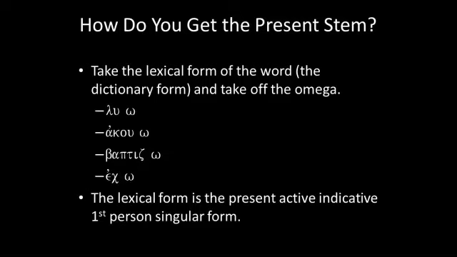When you look up akouo, that's the present, active, indicative, first singular form. So that's called the lexical form. And in case you're wondering, sometimes people will differentiate between a dictionary and a lexicon. Sometimes they'll say a dictionary is a book of words in the same language, and when you're moving from one language to another, let's call it a lexicon. Some people don't care, and they say they're just the same thing.